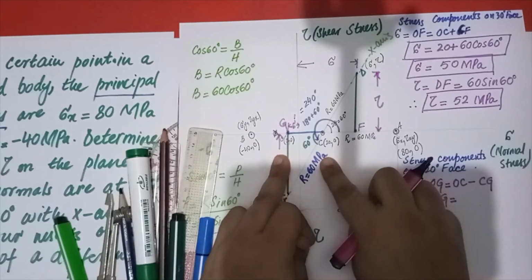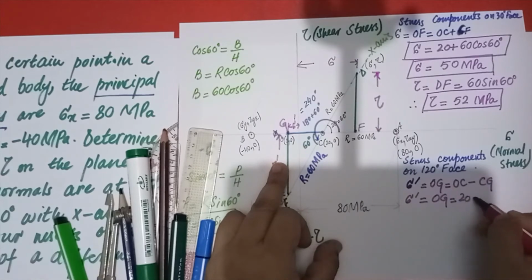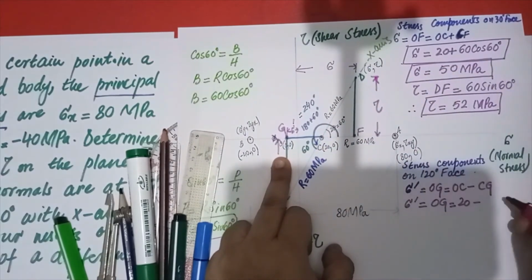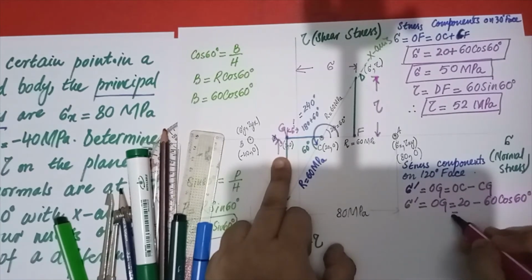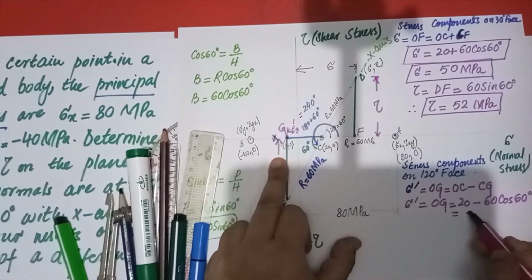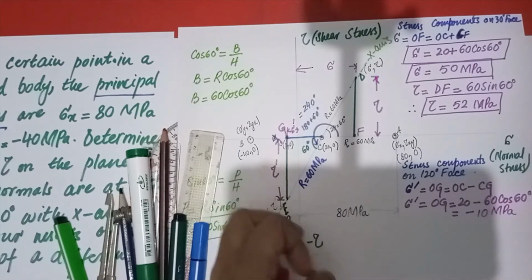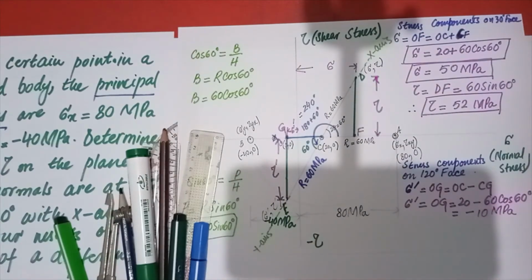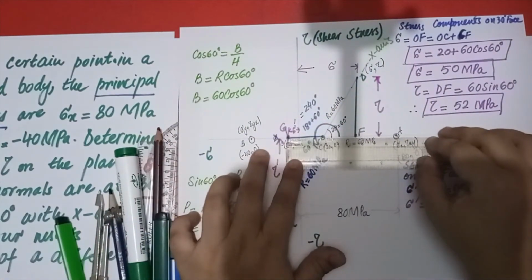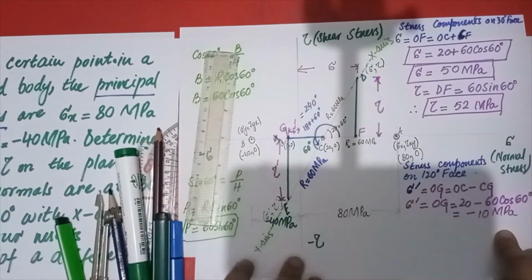You know the distance OC is 20 minus CG, which will be the same as this, 60 cos 60 degree. It should come in minus because it is on the negative hand side. So the answer is minus 10 MPa. How much centimeter will it be? This distance should be 1 centimeter. Let me measure it over here and you can see this is 1 centimeter. And I am getting the same value.